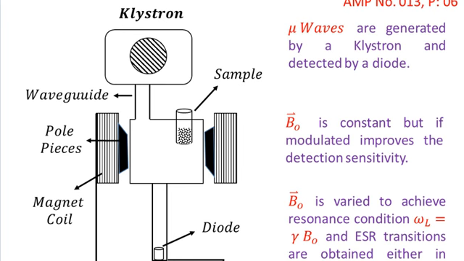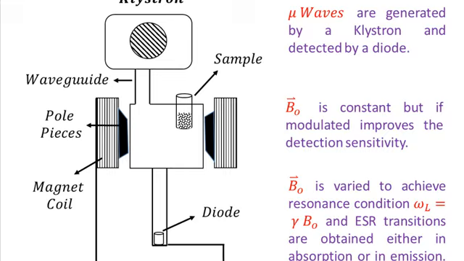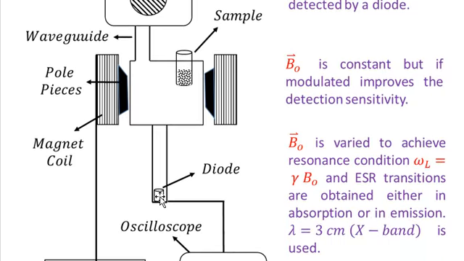When the microwaves are absorbed, what will happen? The signal at the diode will decrease, because the microwave reaching the diode will decrease in strength, since some of the microwaves have been absorbed by the sample. And once the microwaves are absorbed, the sample will re-emit the same microwaves, but in a different direction.